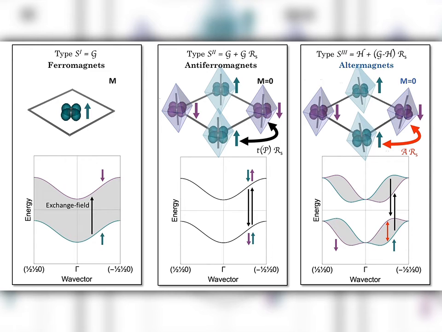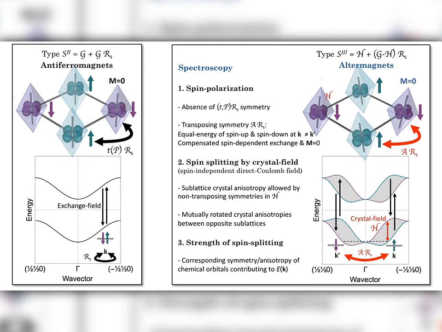Now in these altermagnets, you also see that there is this exchange splitting of the bands, but what is governing the spin splitting at the given momentum is a different mechanism. So let's take a look at what this mechanism is. What we see is we look at the specific eigenstate at a given momentum k, and now when we apply our transposing symmetry operation, which is a rotation, it actually changes the momentum to a different momentum with an opposite spin and the same energy.